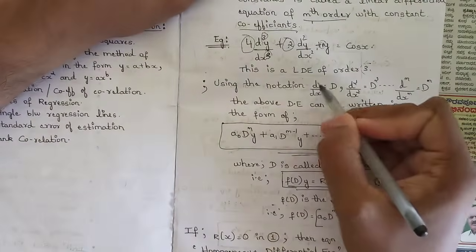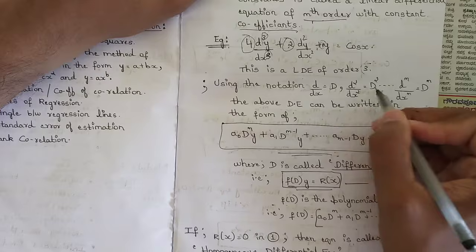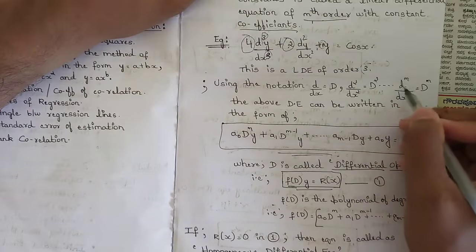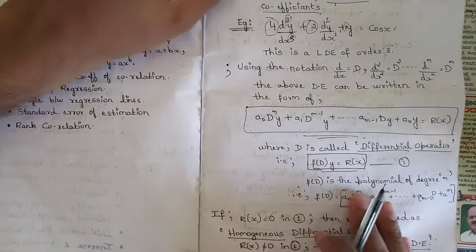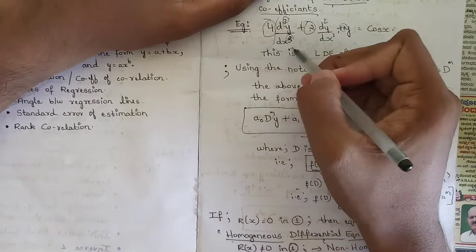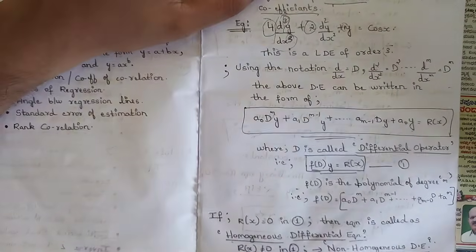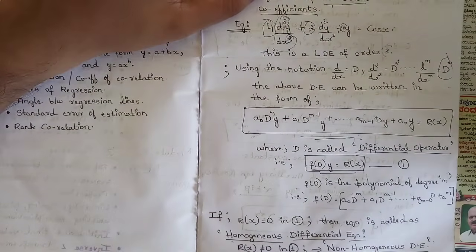Using the notation d/dx is equal to D, and d^2/dx^2 is equal to D^2, up to d^n/dx^n is equal to D^n, the above differential equation can be written in another form. We have done just one change: wherever there is d^3/dx^3, in place of that we have replaced it by the capital letter D^3.